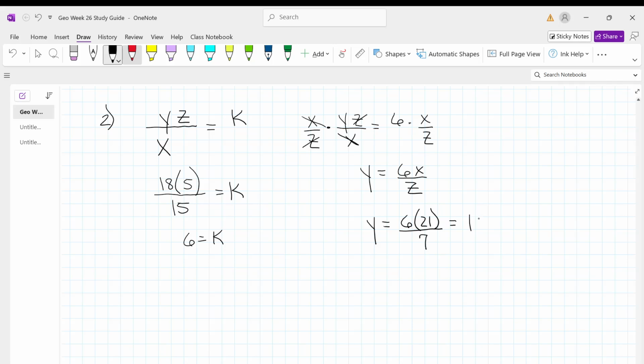So 18. All right, here's your equation that models the relationship. And here's your y when your x is 21 and your z is 7. Any questions on either of those two?